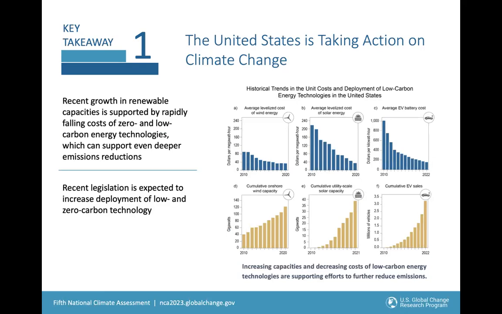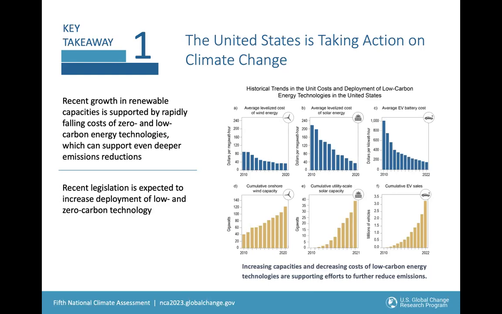So the observed decline in US emissions so far is due primarily to a decrease in electricity generation from coal. But we have also seen a lot of growth in renewable energy capacities supported by rapidly falling costs of zero and low carbon energy technologies, which you can see in the figure here for wind and solar energy and electric vehicle batteries.